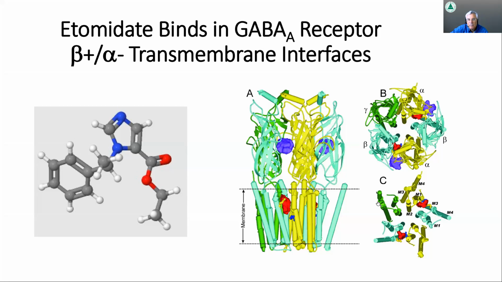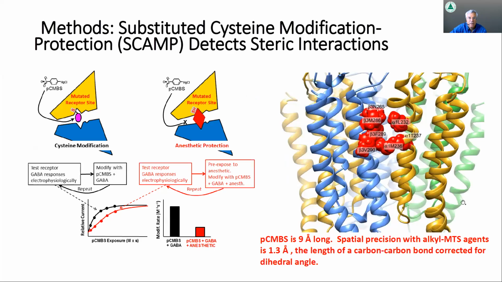On the right is a structural model of GABA-A receptors, a little bit older structural model, but showing in red the etomidate binding sites that are formed between the so-called beta plus, the bluish side chains, and alpha minus, the yellow side chains in the transmembrane domain of these pentameric anionic channels.